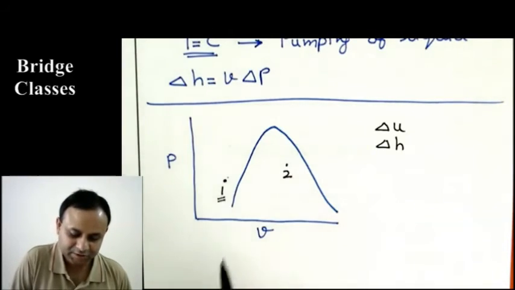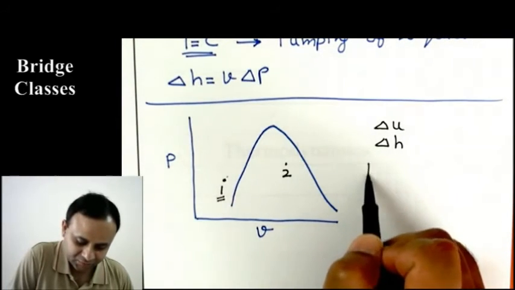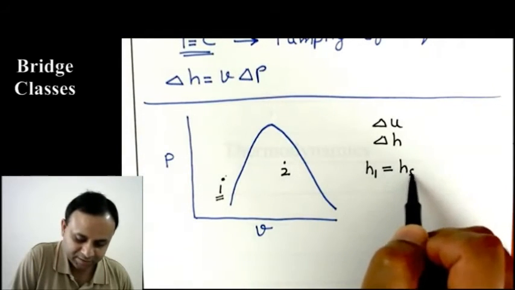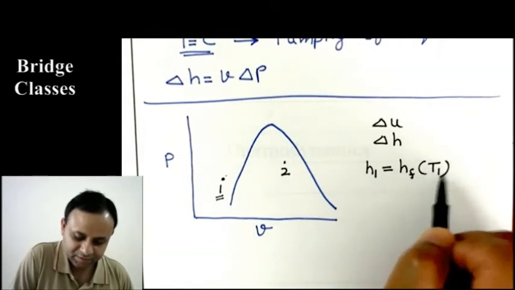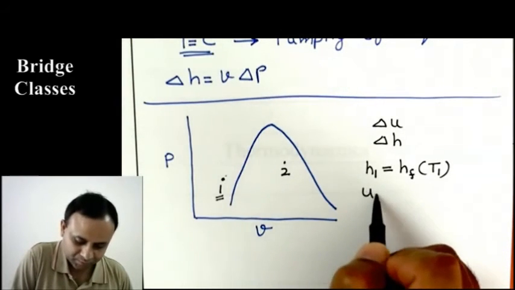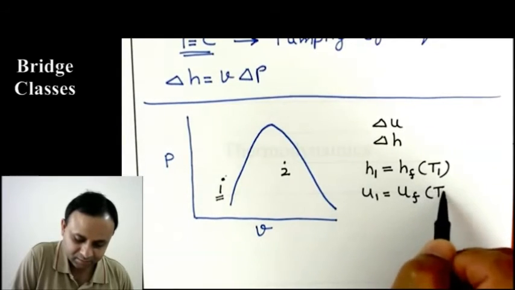So in this situation, what you will have to do is take H1 as the enthalpy of saturated liquid at the same temperature. We talked about this previously. Or U1 as the internal energy of saturated liquid at that temperature.